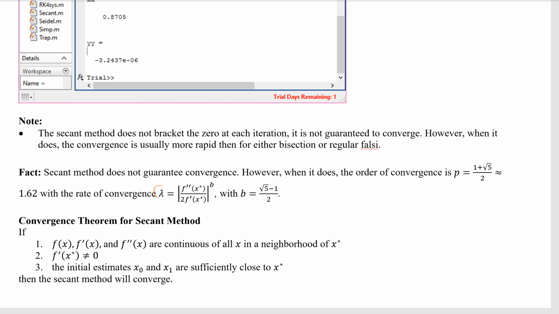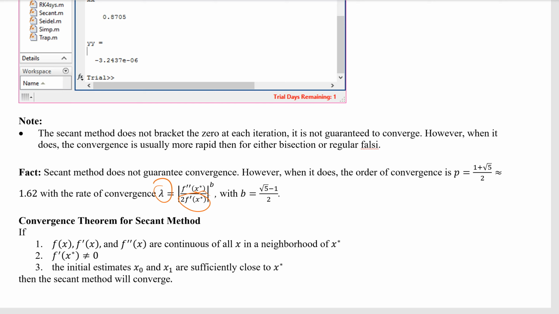Because look at our rate of convergence. We want our rate of convergence to be small, very small numbers, at least smaller than 1, right? But the first derivative is in the denominator, and you don't want to have 0 in the denominator. So that's why we require the derivative at the true value to be not 0.